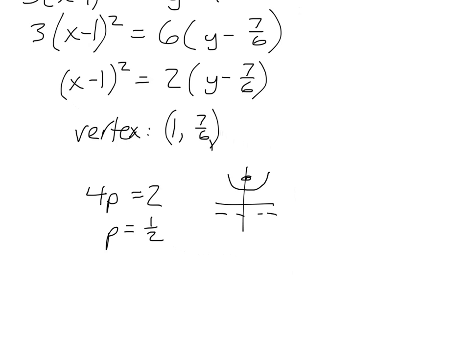That's what it's going to look like. So with that in mind, p is the distance between here and here. Those are our p's. So from the vertex, we have to just add or subtract 1/2, or 3/6, to our y value, because the y value is the value that's going to change to move it up and down.